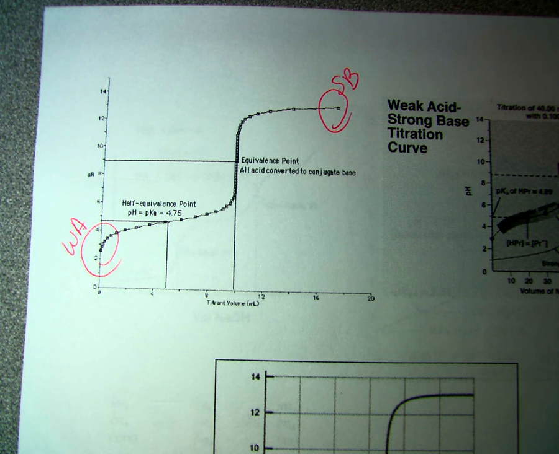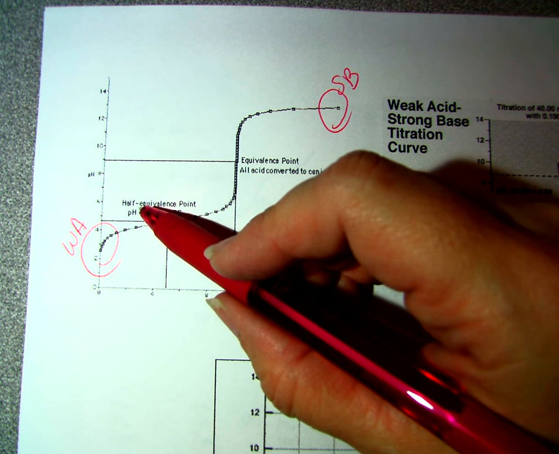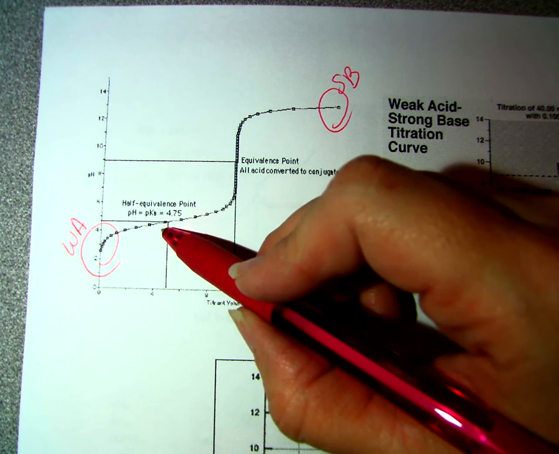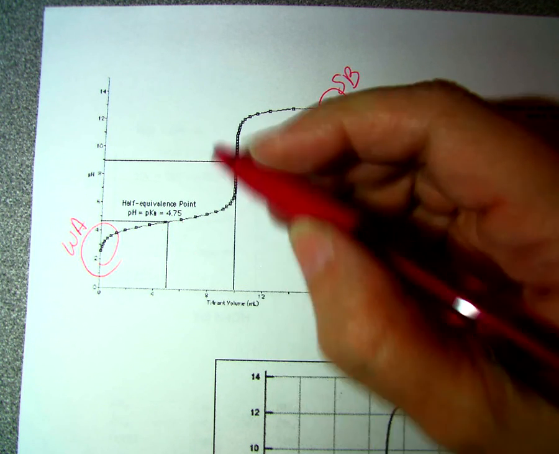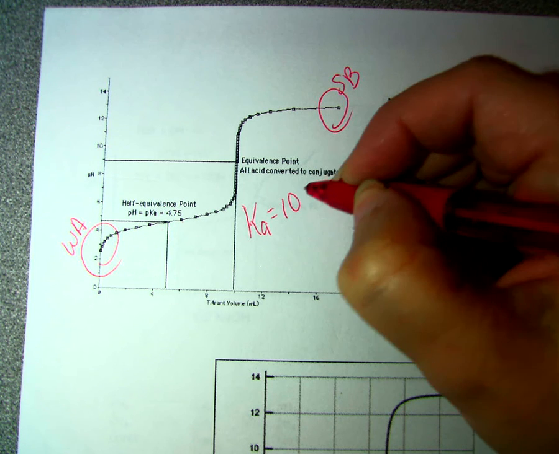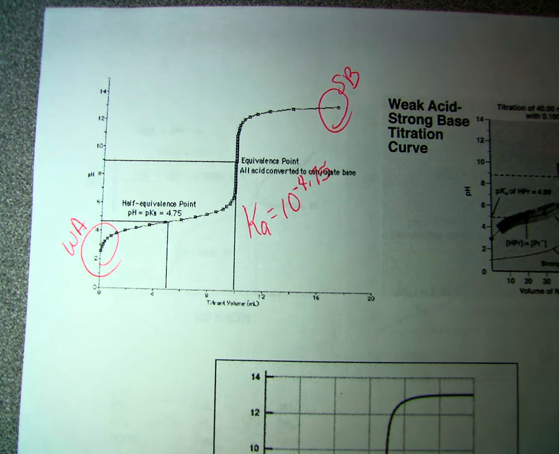Yes. This one actually makes your life easy because it says the half equivalence point, the pH equals pKa equals 4.75. So what is Ka? 10 to the negative 4.75. It's the inverse log.